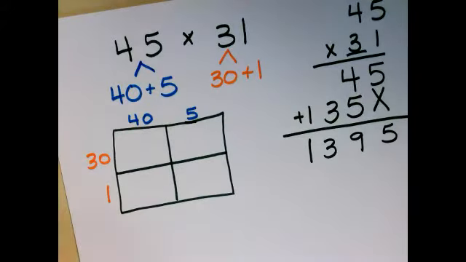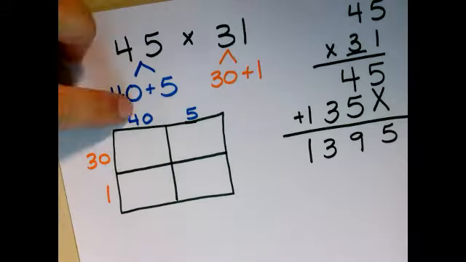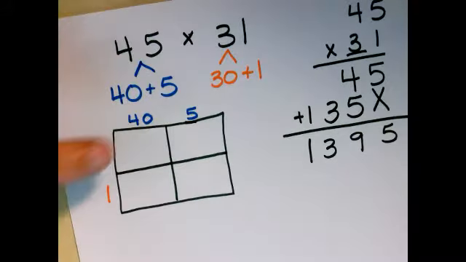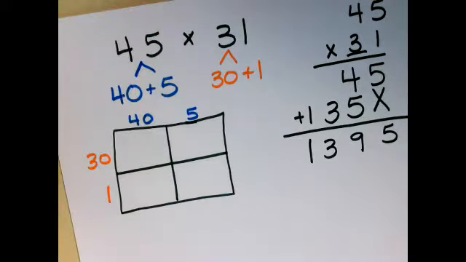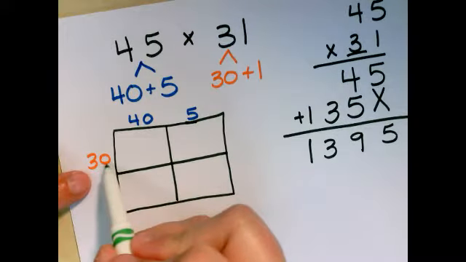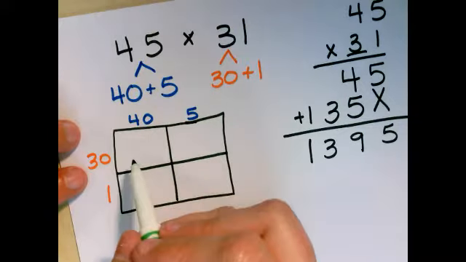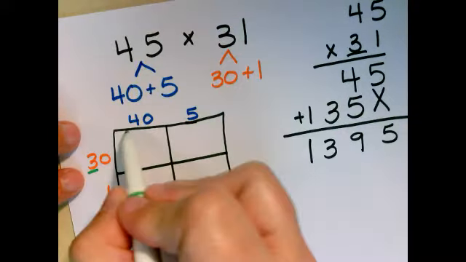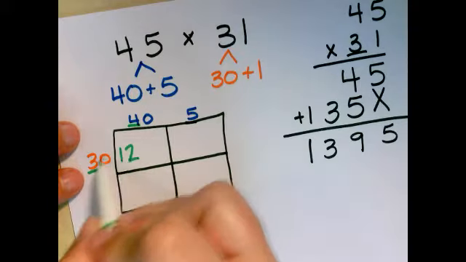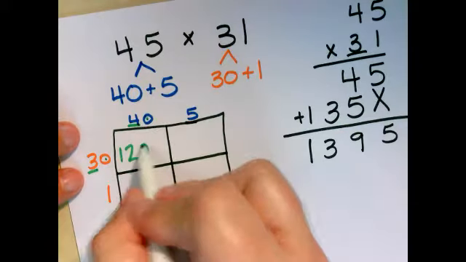So taking a look at this, you can see that I've now set up a situation where I can multiply my tens and my ones, and I can see exactly what's going on. So here, 30 times 40. Well, once again, most of your kids have learned this trick where they know that 3 times 4 is 12, and then they just count the zeros.